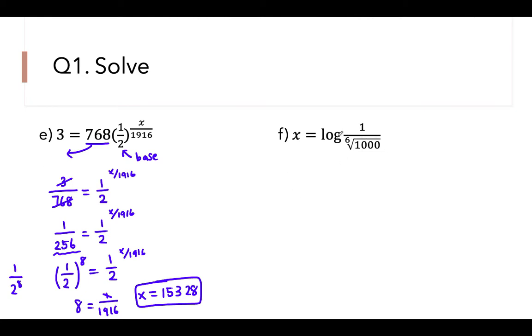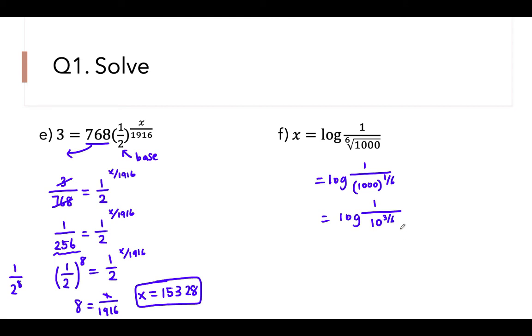Okay, so next we have log. So we don't like radicals. Again, I'm going to change the radical into exponent form. So it's 1 over 1000 to the power of 1 over 6. And then if you punch it in your calculator, you're going to get 10 to the 3 over 6.